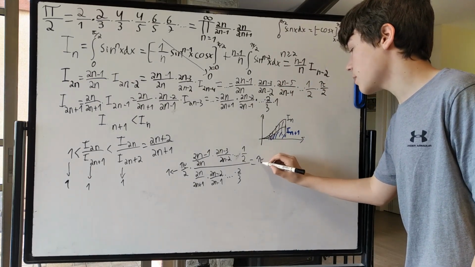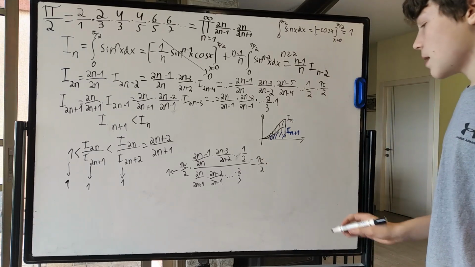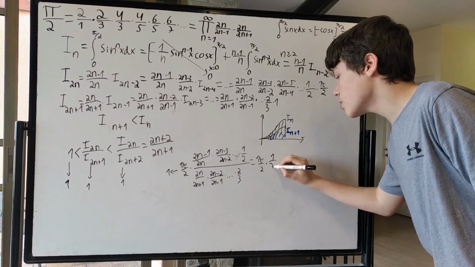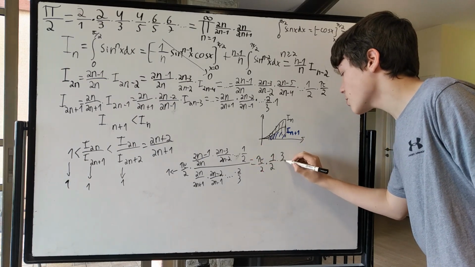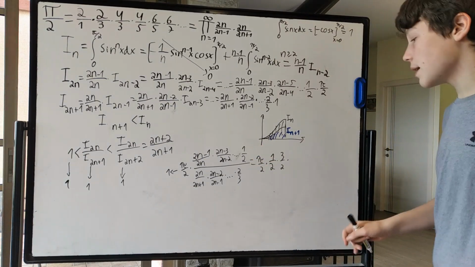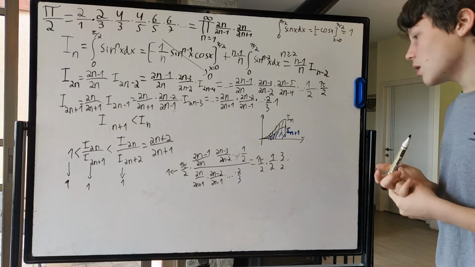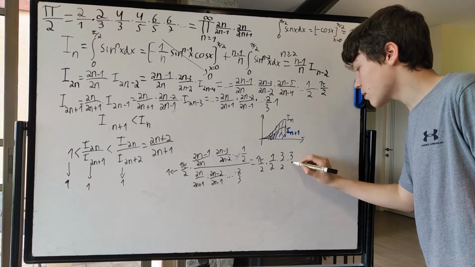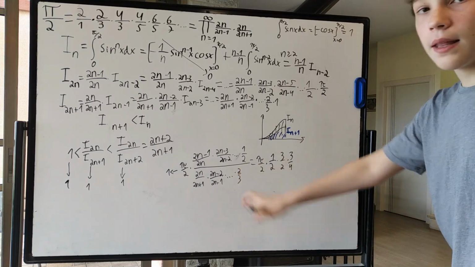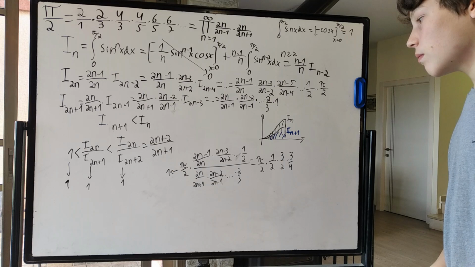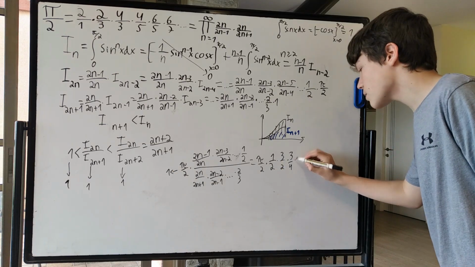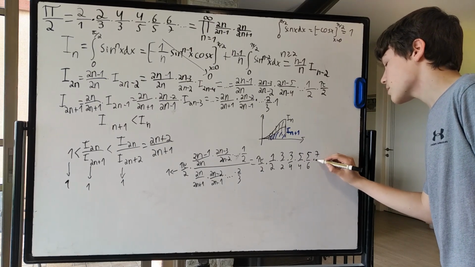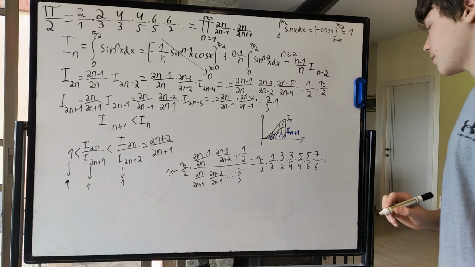But now this is pi over 2 times, let's see, we have 1 over 2 times 3 over 2, and then next here will be 3 over 4, and the next one here will be 4 over 5, some other one will be 5 over 4, and then times 5 over 6 times 7 over 6, and so on.